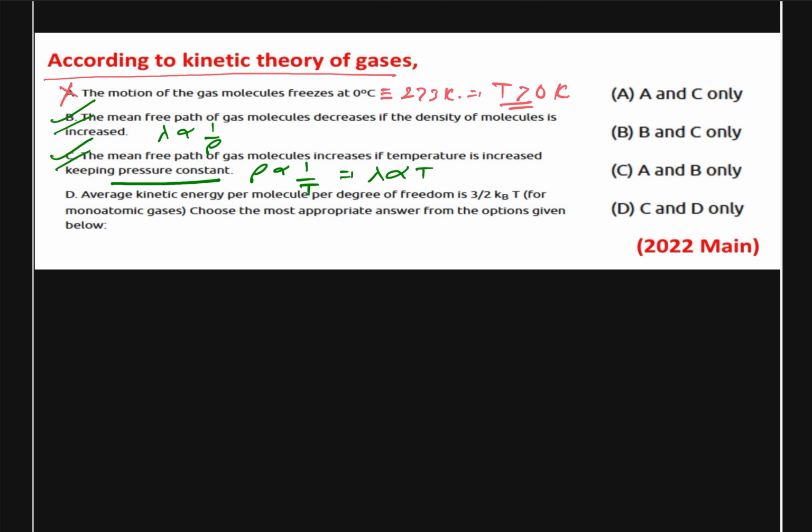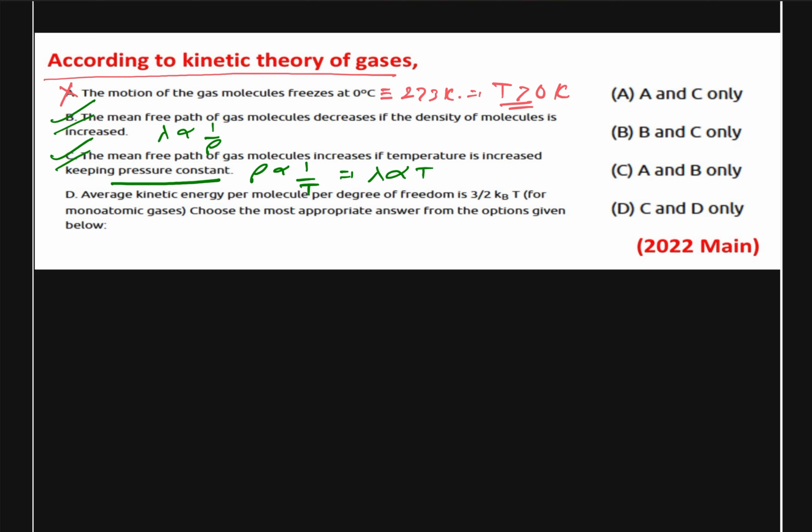And the average kinetic energy per molecule per degree of freedom is 3/2 kBT for monatomic gas.